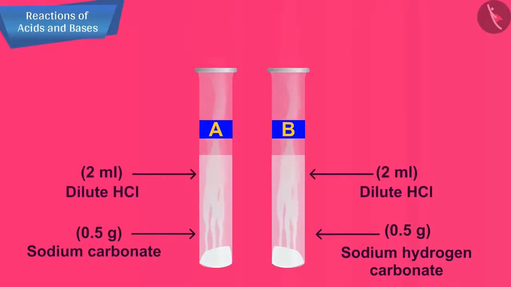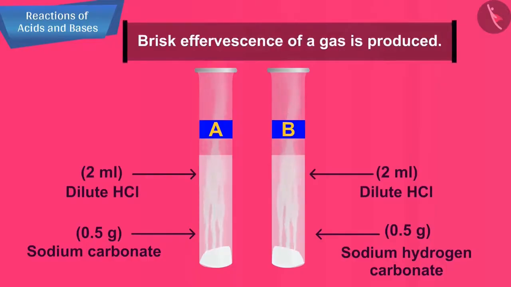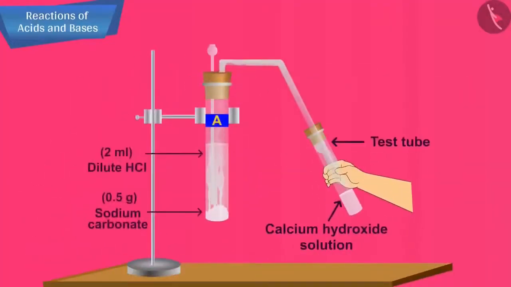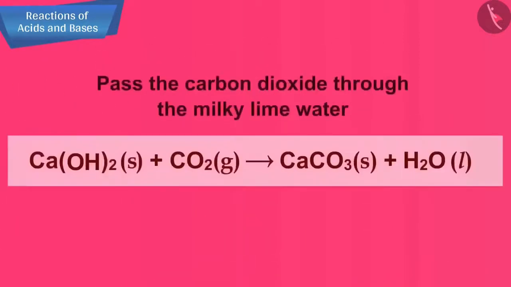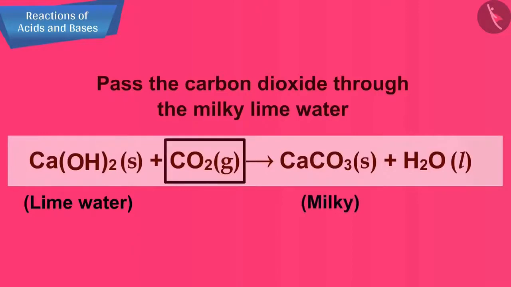You will observe that brisk effervescence of a gas is produced. Pass the gas produced in each case through lime water, calcium hydroxide solution, as shown in the figure, and record your observations. You will observe that the lime water turns milky, which shows that the gas evolved is carbon dioxide.